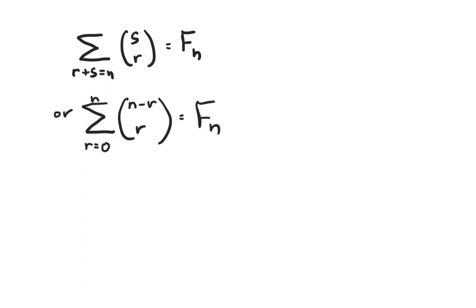And here, when r is 0, we get n minus 0 choose 0, n choose 0. If r is 1, here we get 1 plus s minus 1, so it's going to be n minus 1 choose 1. And here, if r is 1, we get n minus 1 choose 1. So it's the same thing, just written in slightly different notation.